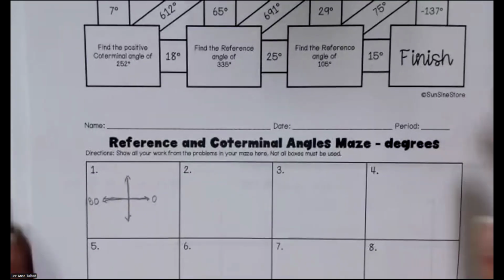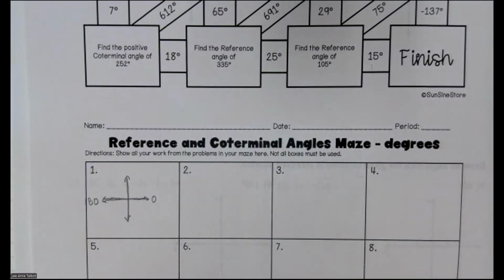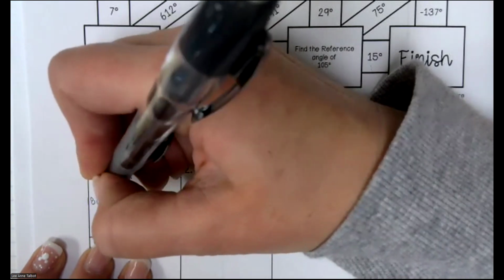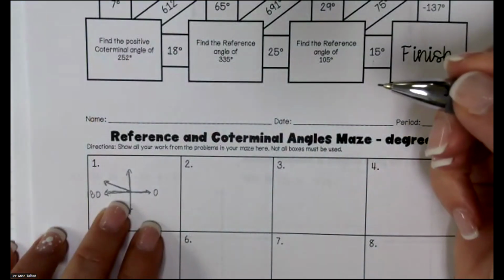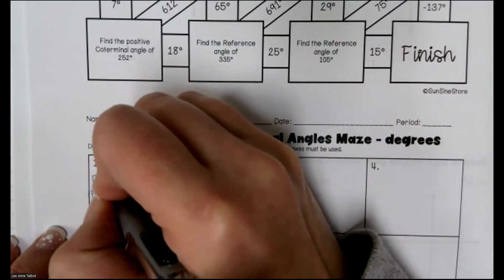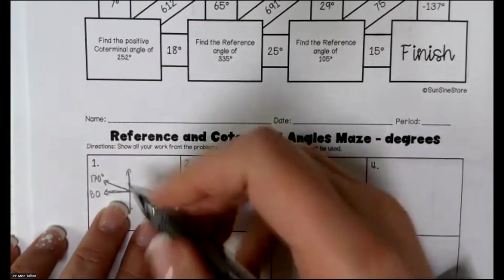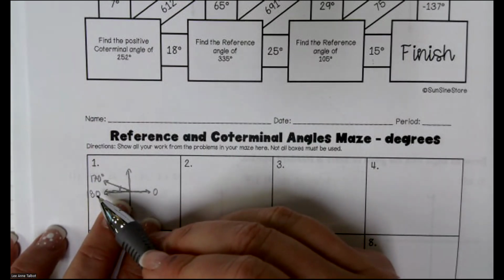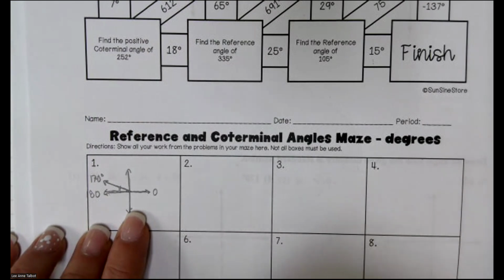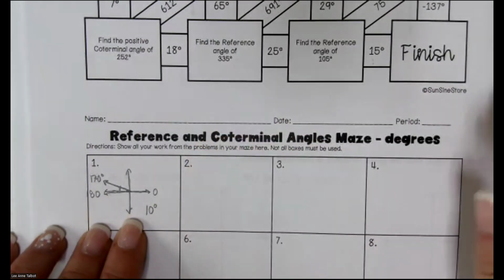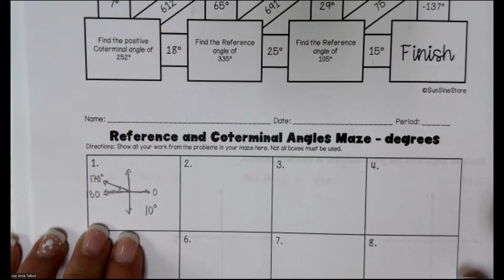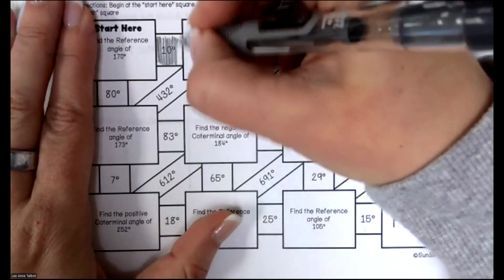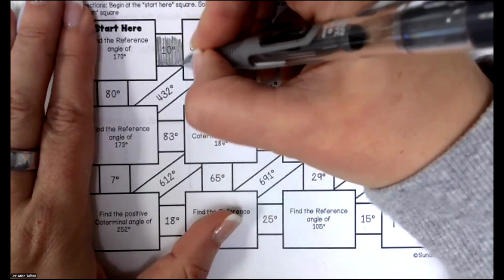I would label 0 and 180. Those would be the two things I would label. And then it says find the reference angle of 170. So 170 is going to be like almost to 180. Does that make sense? The reference angle is asking for this right here. So if this is 170 and this is 180, what's the reference angle? 10. Okay, and then you come up here and then you go this way in the maze.